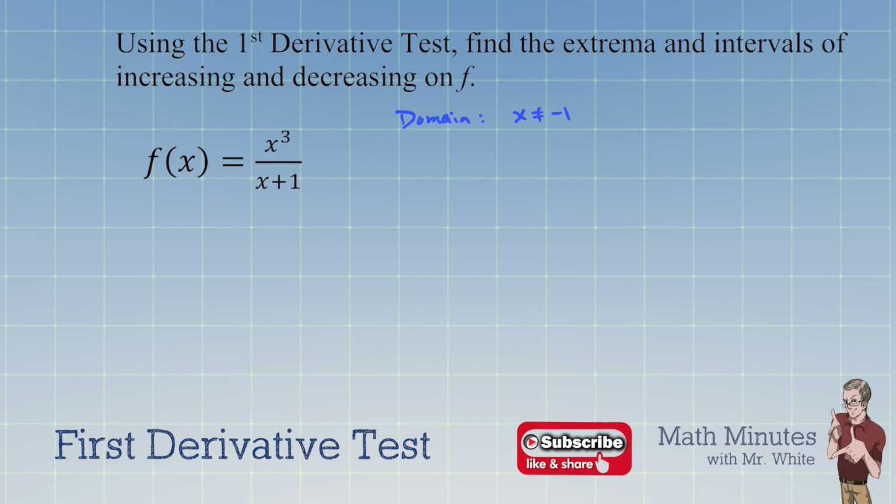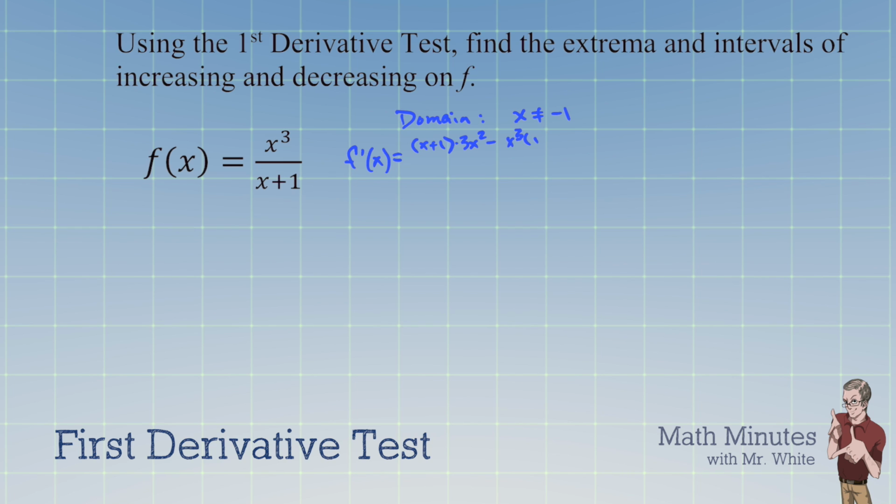Let's do just like the last one. Let's find the first derivative. Now this is going to be a little messier, isn't it? What rule do we have to use here? We're going to have to use the quotient rule when we do the derivative. So let's see if I can do this neatly here. The derivative will be, you start with the denominator, low d high, right? Times 3x squared minus high d low.